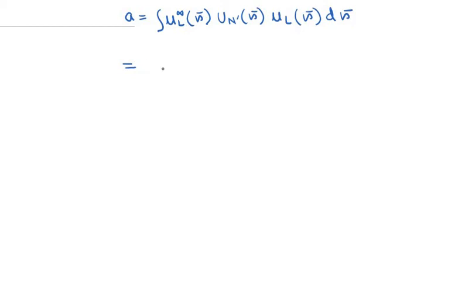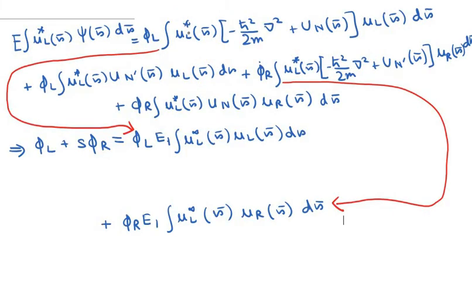So this by symmetry is equal to the integral of UR star R UN dash R UR R dr. So we denote this kind of term by this letter A, and this is basically our A over here, and we have multiplied it by phi L, so plus phi L A.